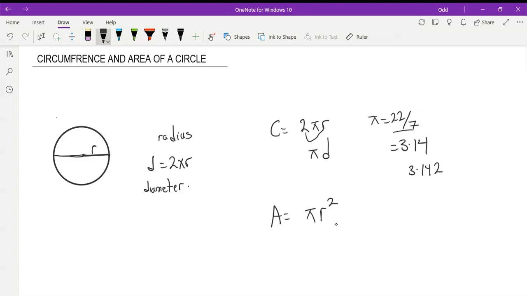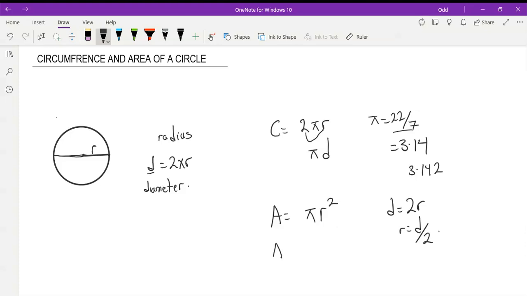In both circumference and area, there's pi. The area of a circle is pi r squared. If we want to write that in terms of d, we know that d is 2r, so r is d over 2.